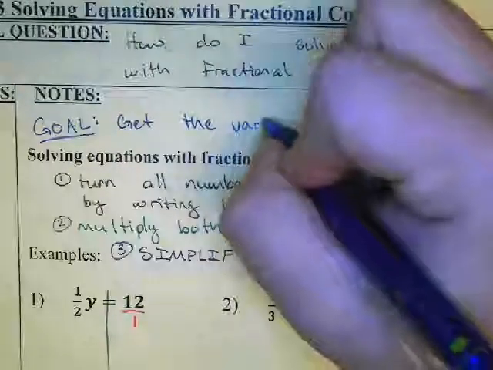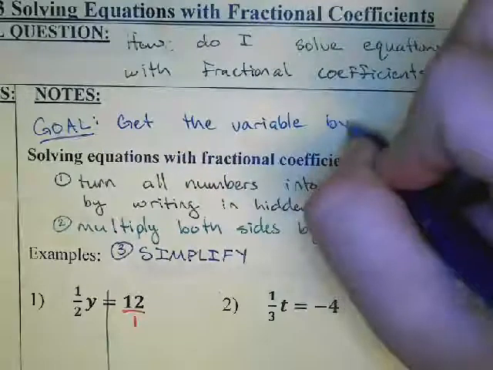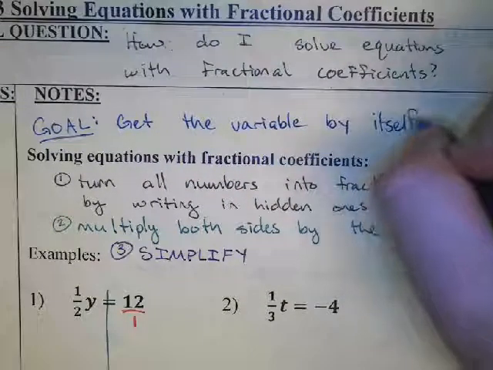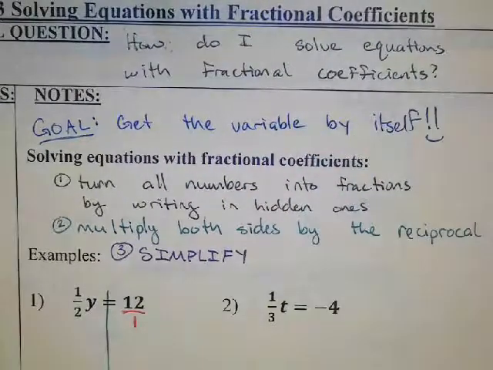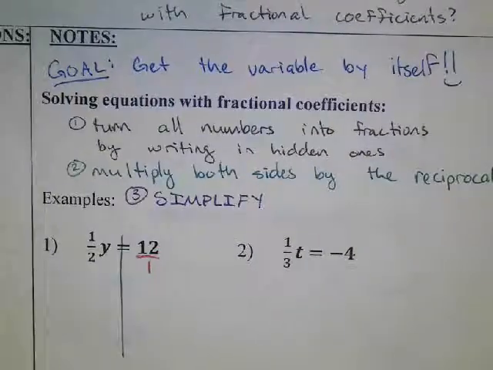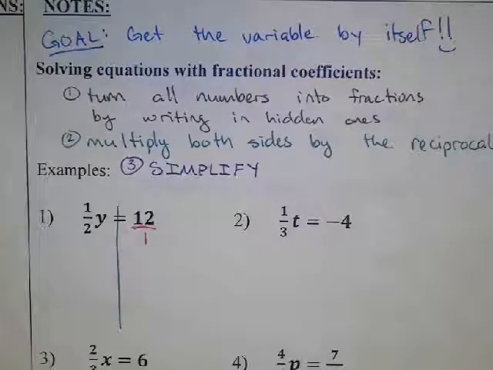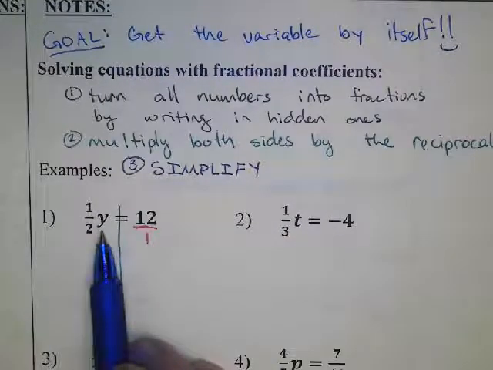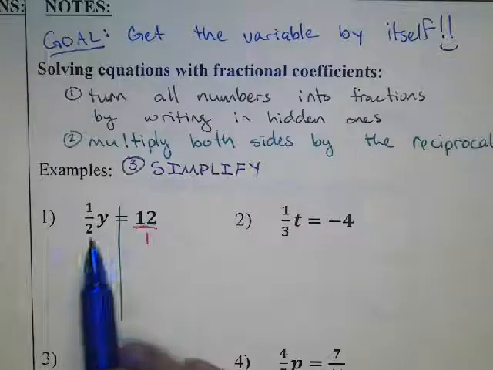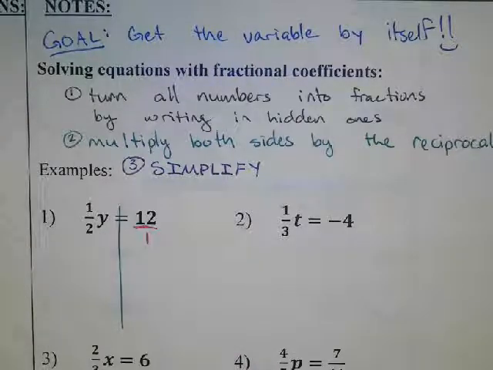Get the variable by itself. That is our goal. So if we always keep that goal in mind, we'll know exactly which side of the equation to look on. So if I'm trying to get the variable by itself, what fraction am I trying to get rid of? 1/2 or 12/1?